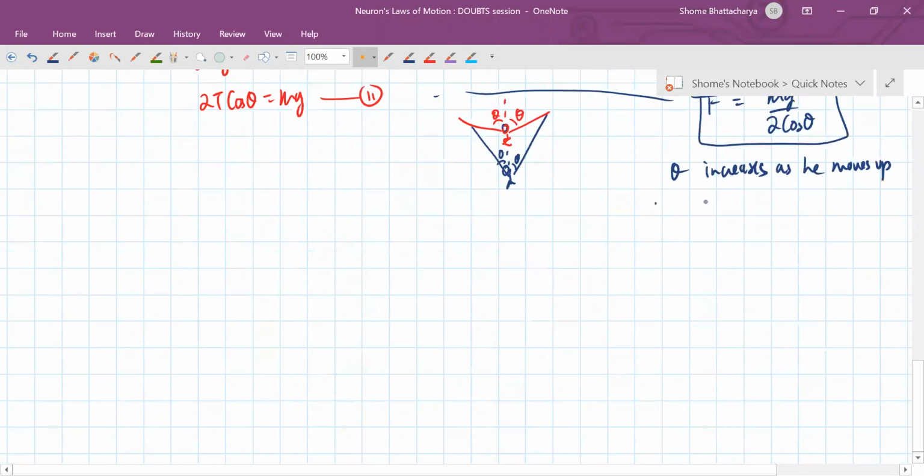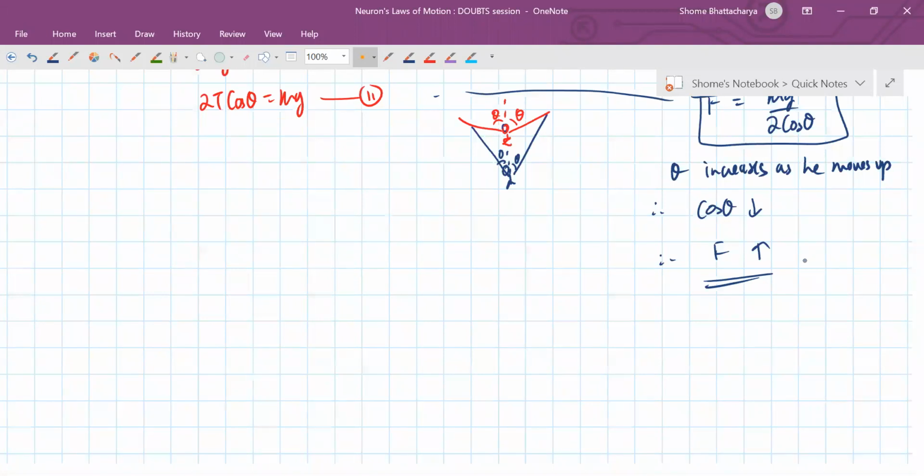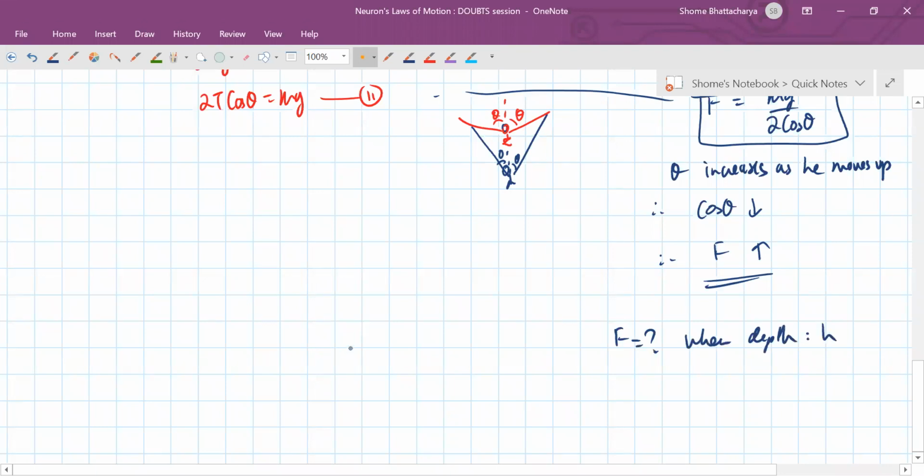Therefore, cos theta decreases. Therefore, F increases. So that is what you have to show, that the force increases as it goes up. Now you have to also find this amount of force at an instant when its depth from the top of the pit is h. So you have to find the force when the depth of the person is h.